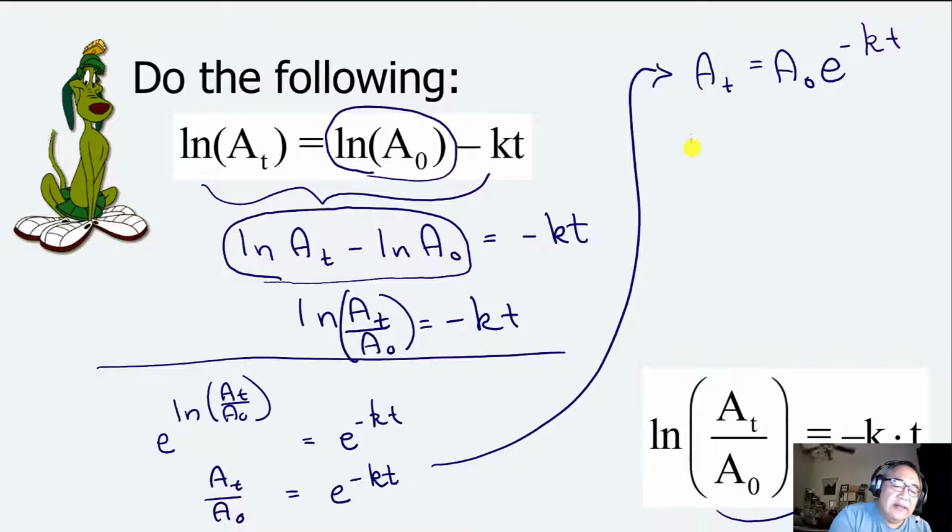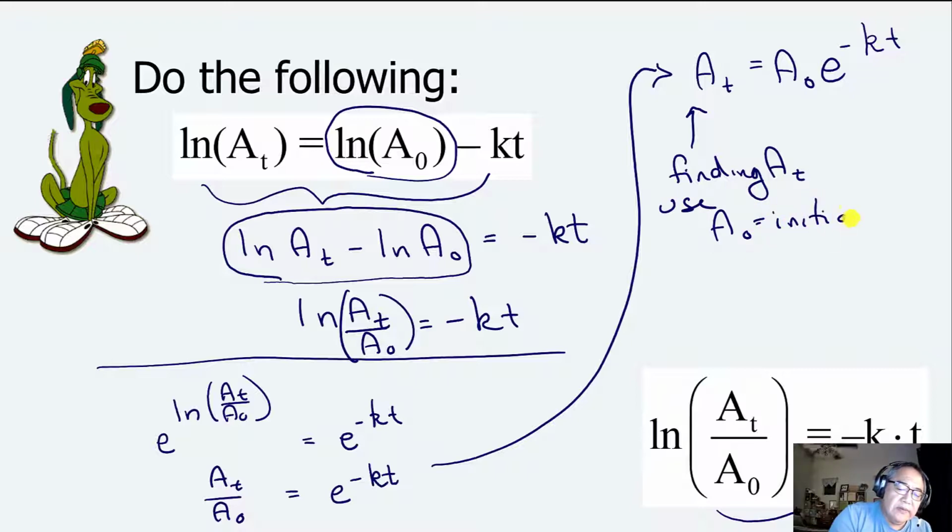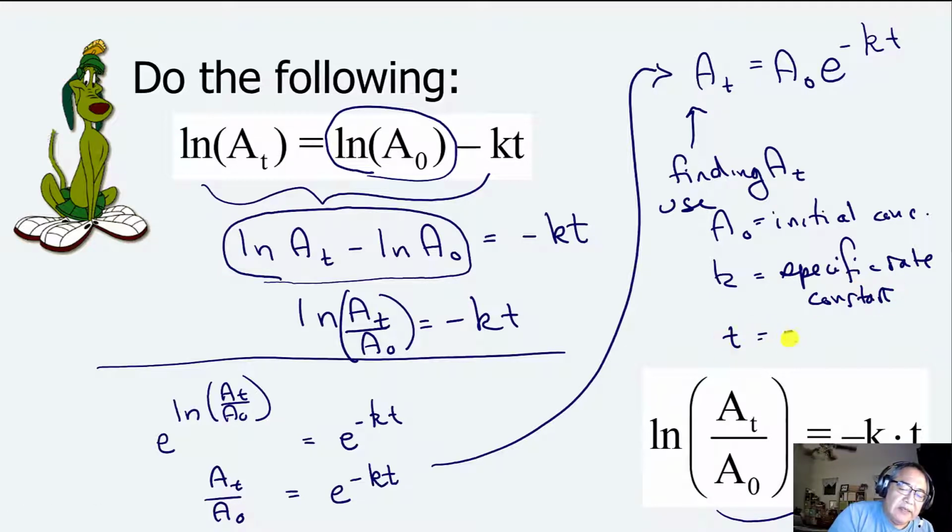To find At, you need to know A0, the initial concentration. We use k, the specific rate constant that we calculated before. And then we just need to plug in the specified time.